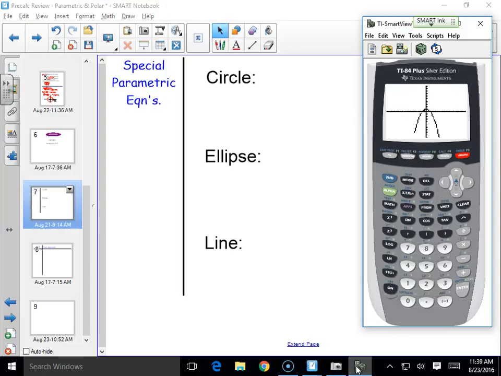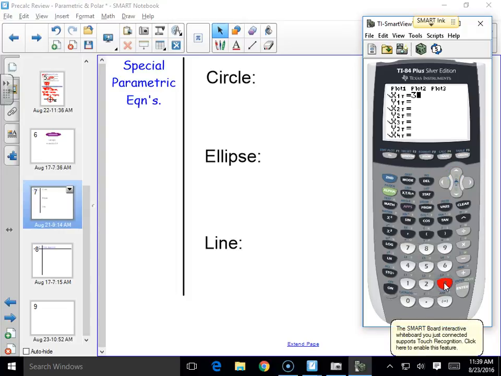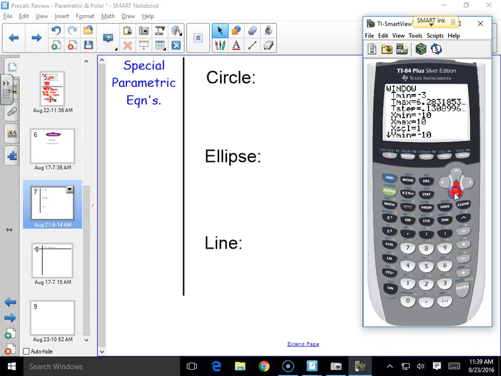Let me show you one cool trick though. We saw something go around the circle once, right? But what if it was 0 to 4 pi? It would go around twice, but how can you tell in your calculator if something's going around twice or not? Isn't it just going to retrace? You could change the window to go to 4 pi instead.